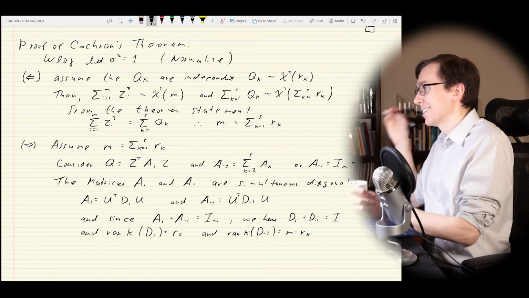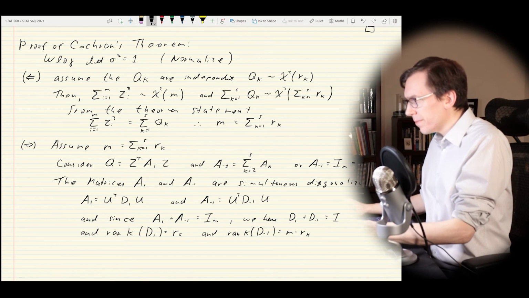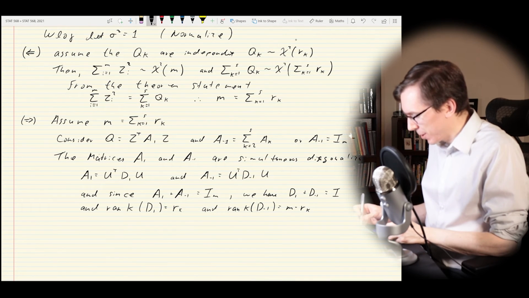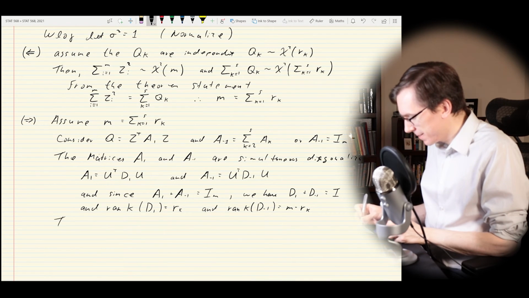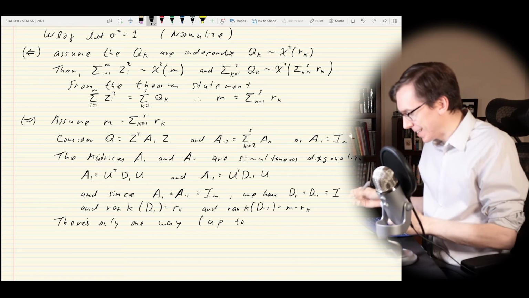All right. Therefore, there's only one way this can happen, up to ordering, because you could permute the rows or the columns.